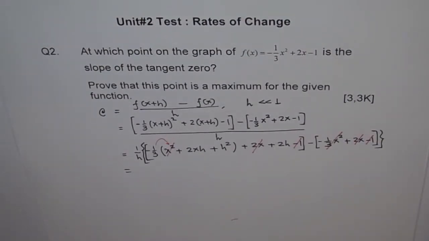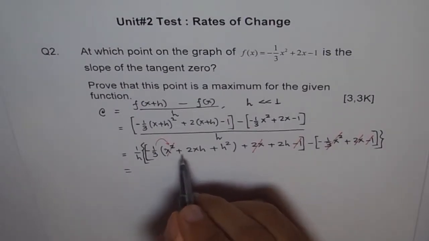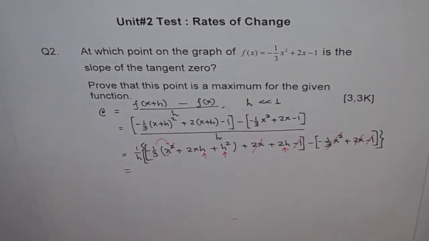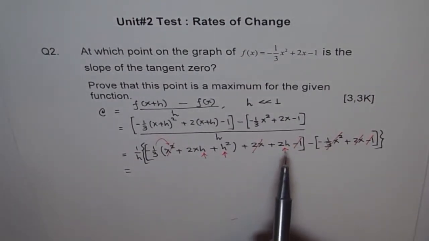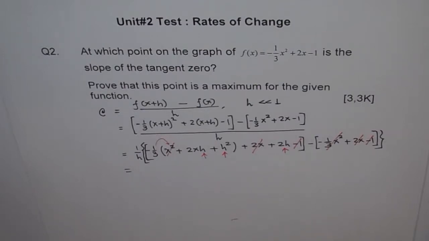Second, out of the remaining terms, every term should have an h in it. Yes, h is there, h is there, h. Perfect. Now I can always factor out this h and cancel these two h out. Do you see that? That's what I can do. So I will do that straight away because I've explained it to you, right?